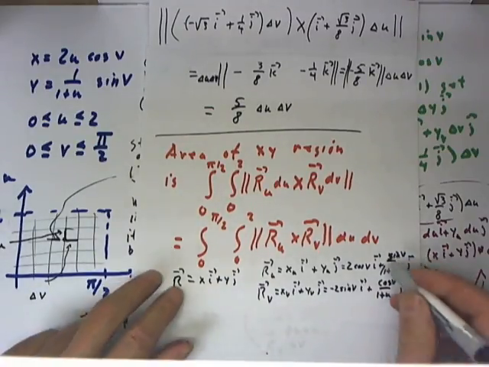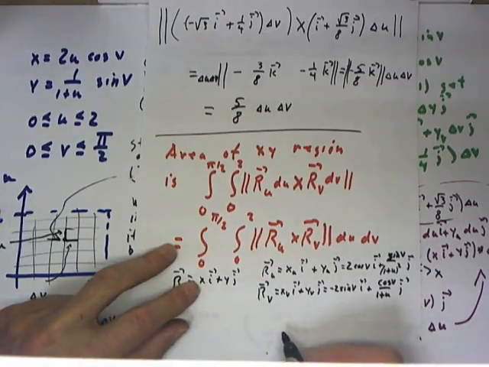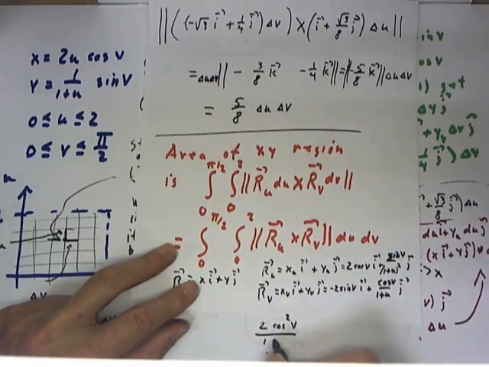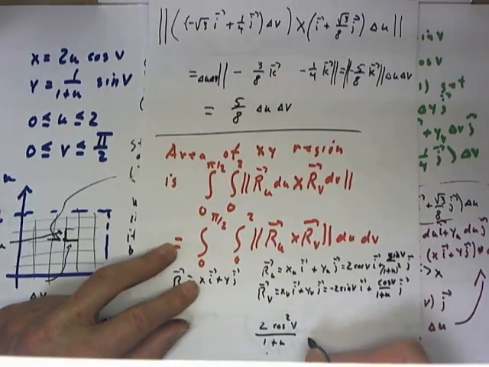It's i cross j is k, so it's this times this, which is going to be 2 cosine squared v over 1 plus u. And then j cross i is negative k. We got the negative here, so we're going to have another plus.